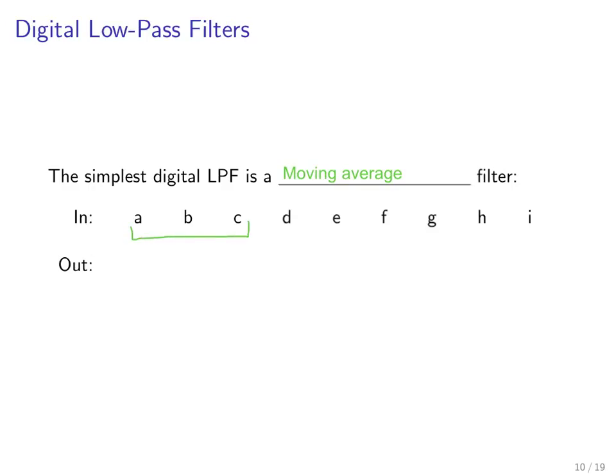If we're using a window width of 3, then the output signal would be A plus B plus C divided by 3 for that one. Then we would take the average of the next consecutive 3 samples, and that would give us B plus C plus D over 3.